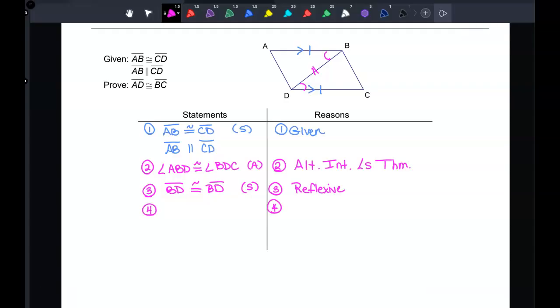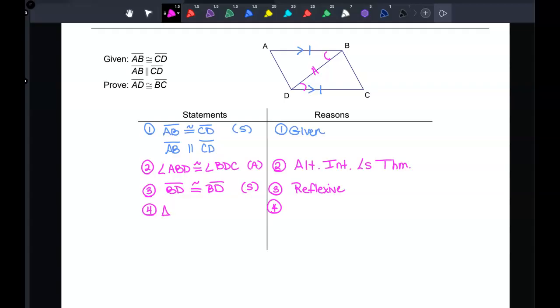Now I want to prove AD is congruent to BC. But I need to say this triangle and this triangle are congruent, because once we know the triangles are congruent, then any of the other parts that are not labeled are automatically going to be congruent. Does that make sense? Now we have to say the triangle.